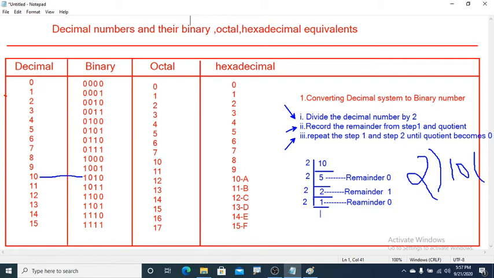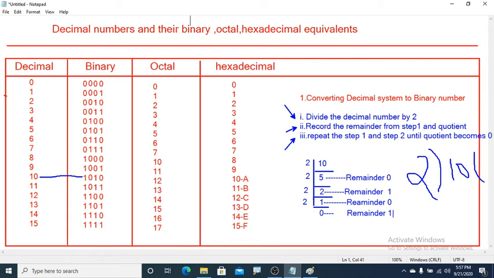Once it becomes 0, what is our next process? The remainder is 1 in this.